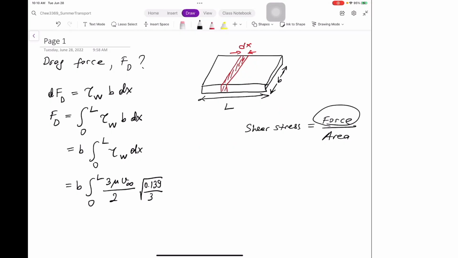We estimated that, but we can re-estimate, it doesn't matter, times square root of V infinity x over, actually it's in the denominator, V infinity over x nu, right? Okay. Dx. So that should be the tau wall.